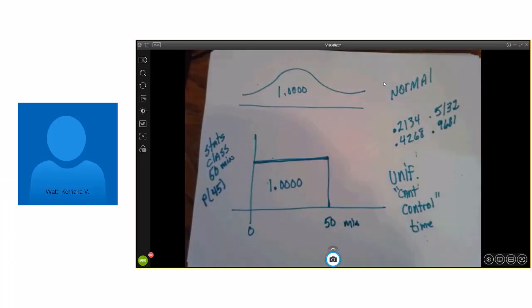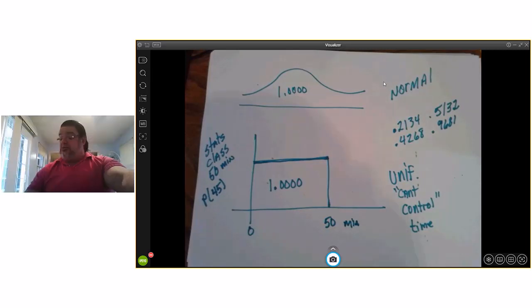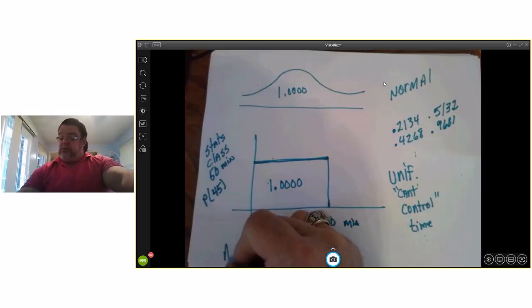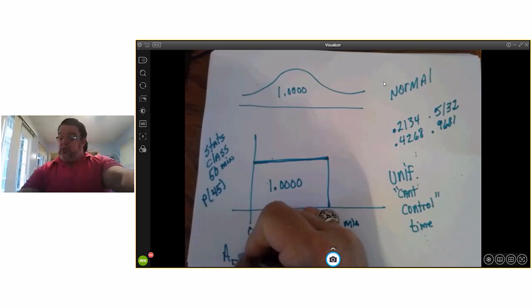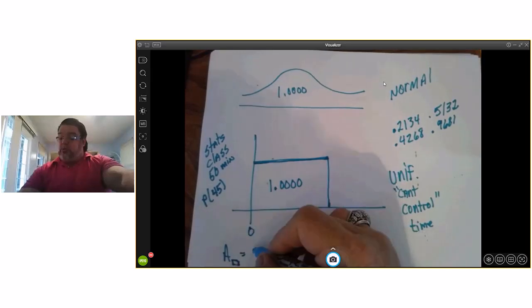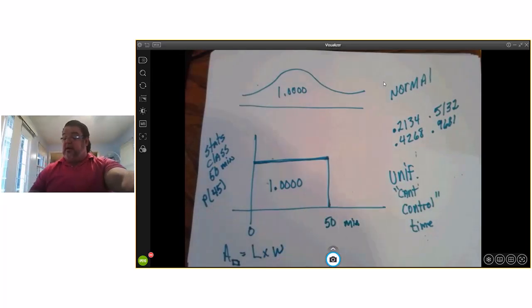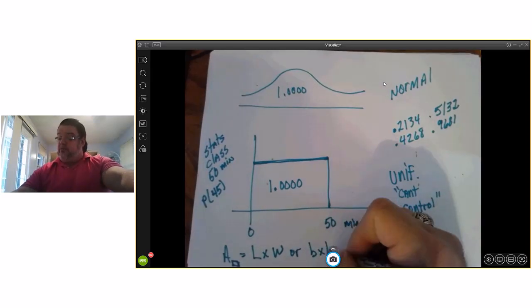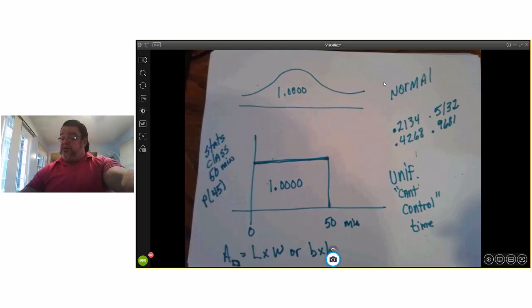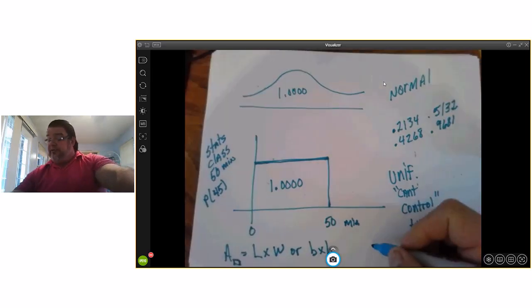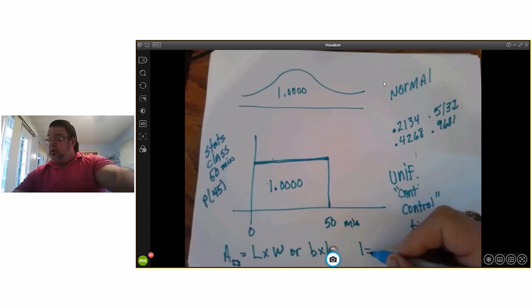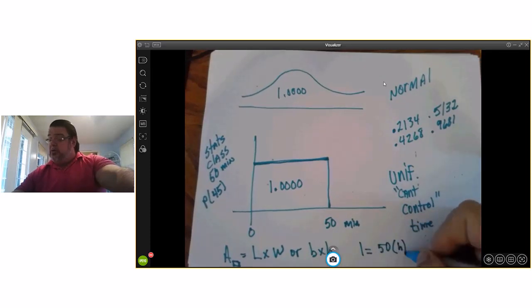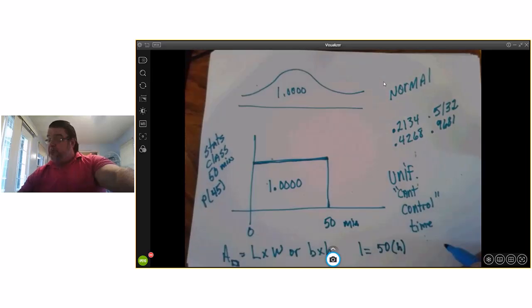Now, the area under a rectangle is equal to length times width, or base times height. Okay, we know that the base is 50, we know the area is 1. So what is the height?